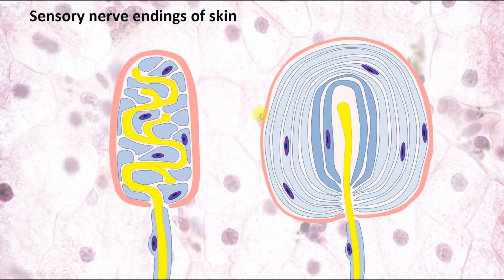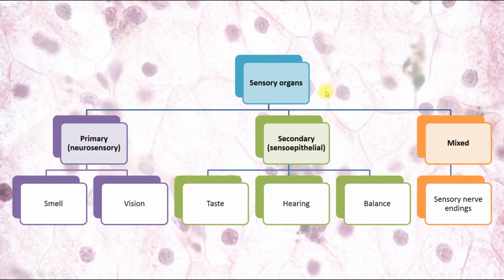There are different receptor structures inside the skin, and we call them mixed because they don't have sensory epithelial cells, but they have additional structures, for example a connective tissue capsule, which participate in the conduction of information. We call them mixed. So sensory organs have three types: primary neurosensory, secondary sensory epithelial organs, and mixed sensory organs, which include sensory nerve endings or receptor nerve endings, which usually are located in the skin, and we'll discuss them in the topic skin.